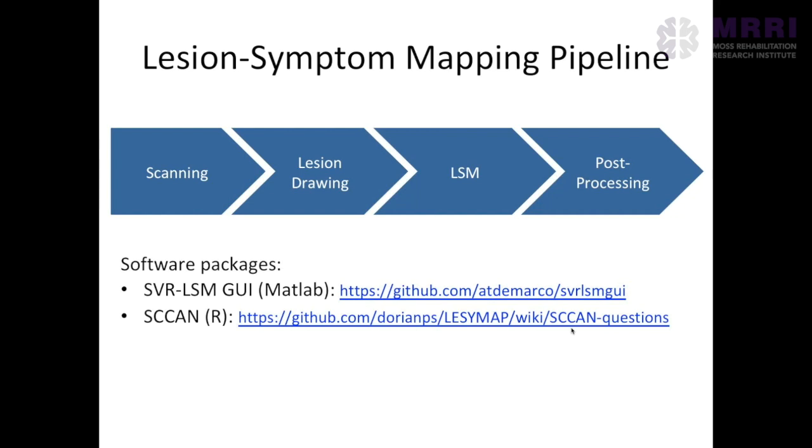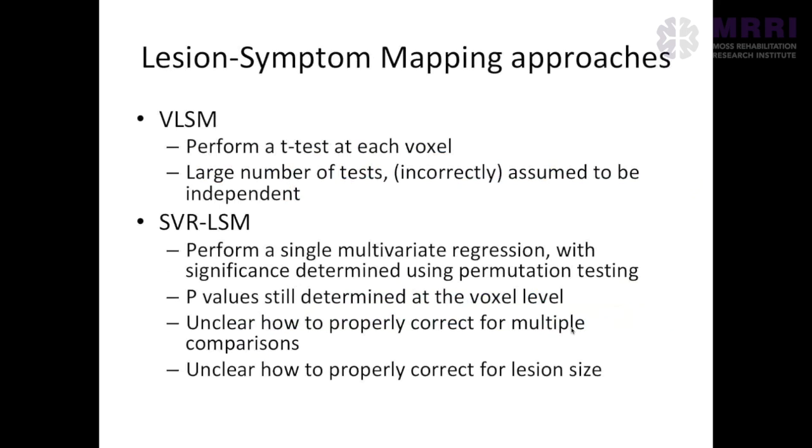We'll try. Okay. So we talked about VLSM first, or voxel-based lesion symptom mapping. The idea there, as you remember, is that you look at a single voxel at a time and perform some kind of test, like a t-test. This is problematic because it leaves us with a large number of tests that are incorrectly assumed to be independent.